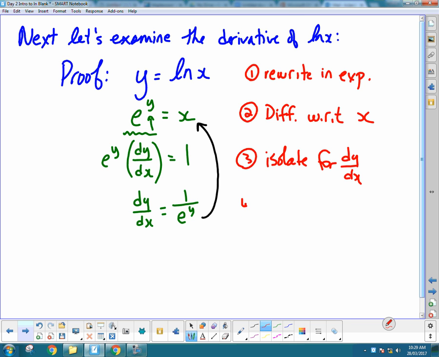So my step 4 is to notice that I can sub line 2 into e to the y. Line 2 is just e to the y equals x. So when I sub that in, I get dy by dx equals 1 over x.